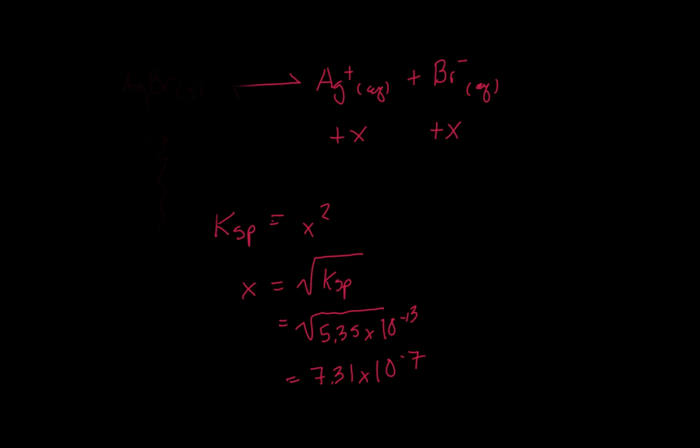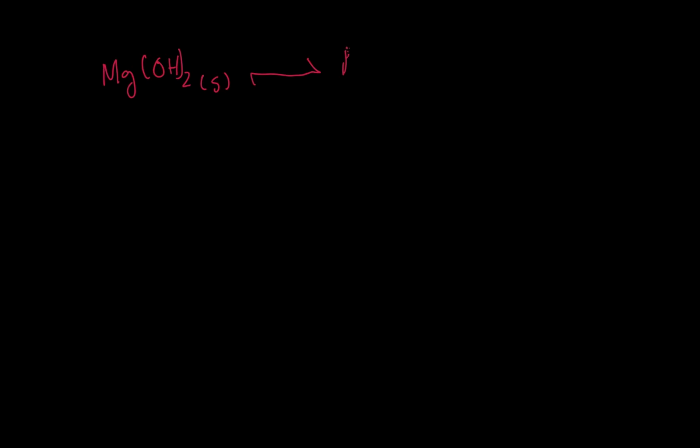All right, next, we're going to do the magnesium hydroxide. Okay, I've lost my pencil. Oh, there we go. We're back. So magnesium hydroxide. Same idea here. This is going to give us magnesium 2+ and 2 hydroxide ions.